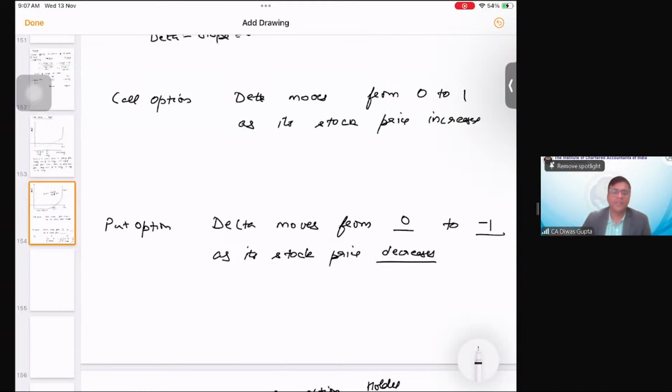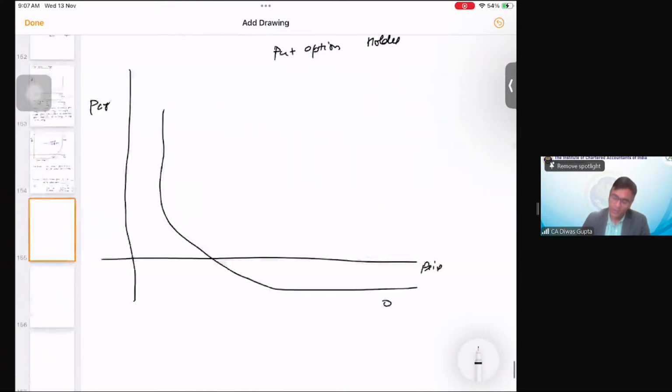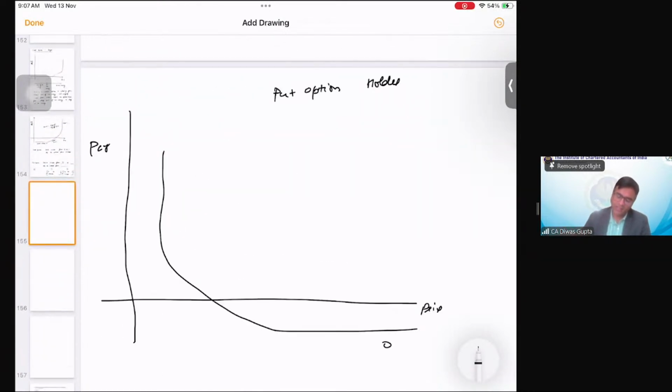this is the concept, right? If the stock price decreases, the put option will become deeply out of the money to deeply in the money, right? The moment it keeps on decreasing, the moment it happens, your delta will also move from 0 to -1, like we have seen in this. Here, the slope will become -1.